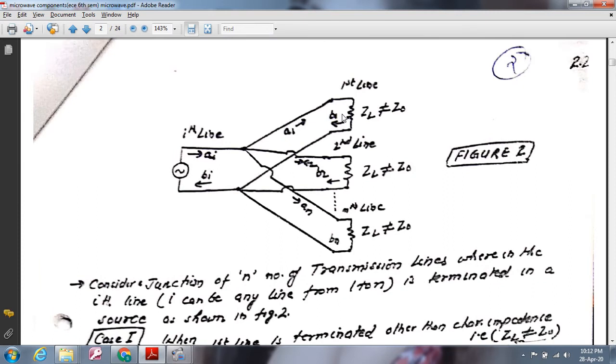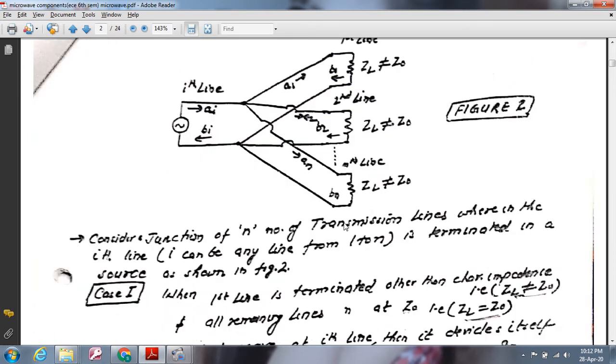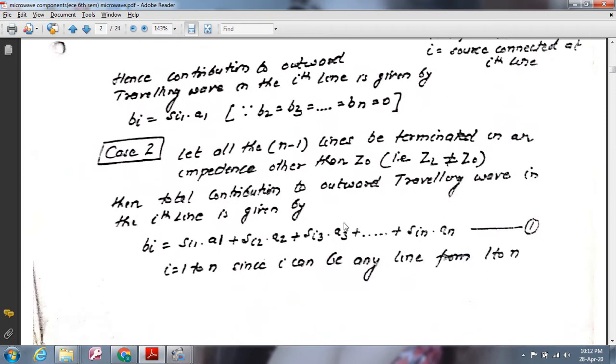Because each and every line is in a mismatch state, there will be reflection from line number 1 also, line number 2 also, line number 3 also. Each and every line is having a corresponding reflection. So this is case number 2.